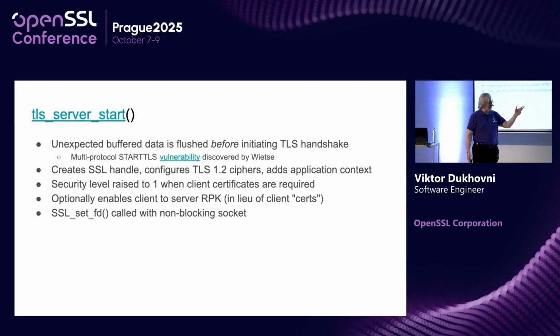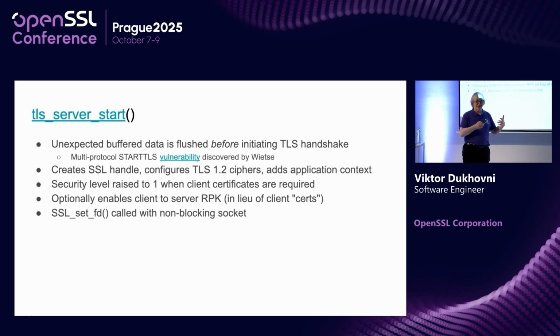And so Wietse, in debugging some stuff in Postfix, found this in 2000-something, 8, 9, I forget when it happened. So there was this multi-protocol vulnerability. It's one of the CVEs in Postfix, but it's really an application architecture issue. It's not really a protocol bug, but if you implement STARTTLS sloppily, you're vulnerable to this clear text injection attack.